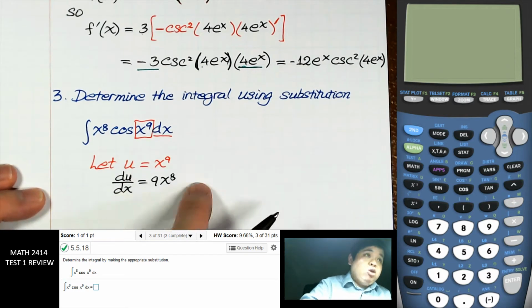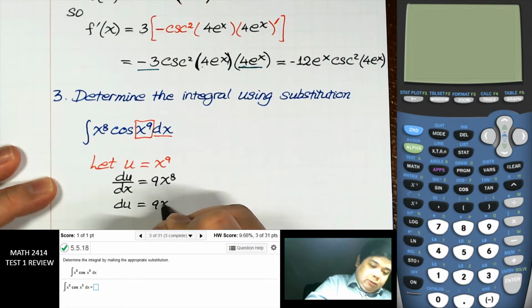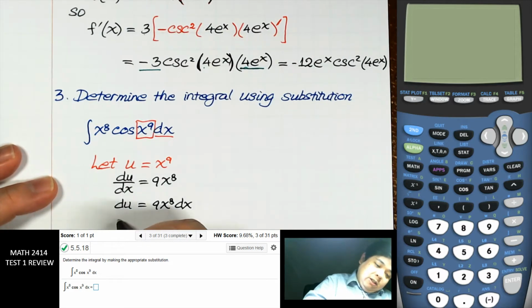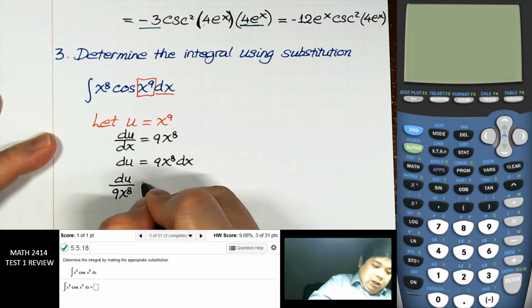Now I multiply the dx over and then divide by the 9x to the 8. And that equals dx.